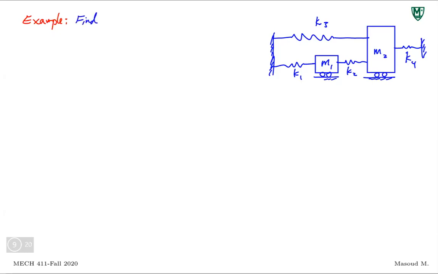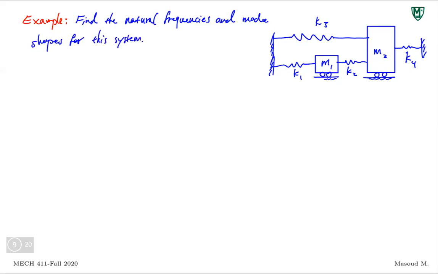So the question is, find the natural frequencies and mode shapes for this system. We're also given some values. M1 is equal to 1 kilogram.